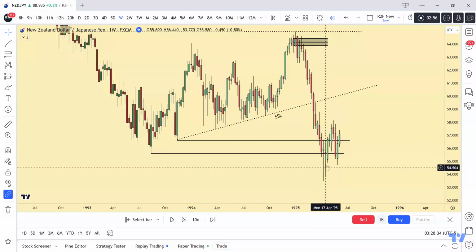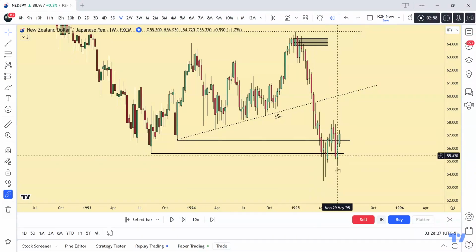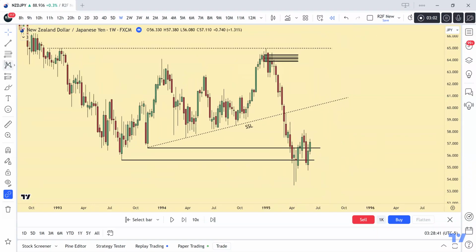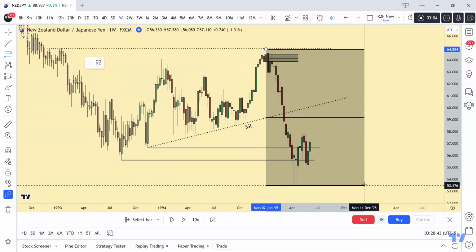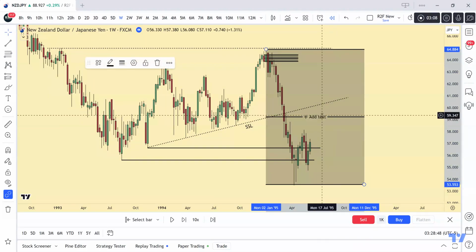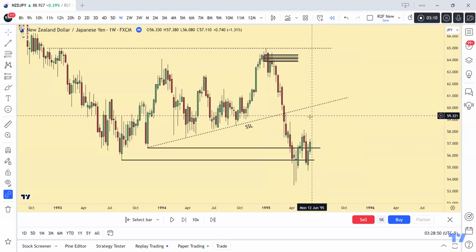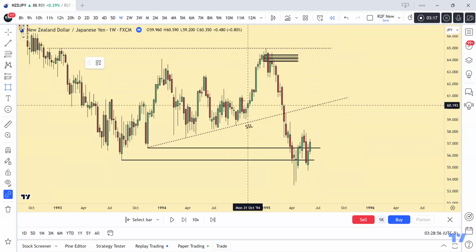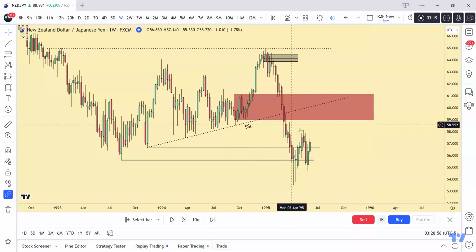Okay, if you see something like that and price comes all the way down and it's not pushing down, it's most likely going to start moving higher, at least to equilibrium of a range. Sometimes we can, I wouldn't say retest, but we see that we have a breaker here, for example. We have some imbalances.